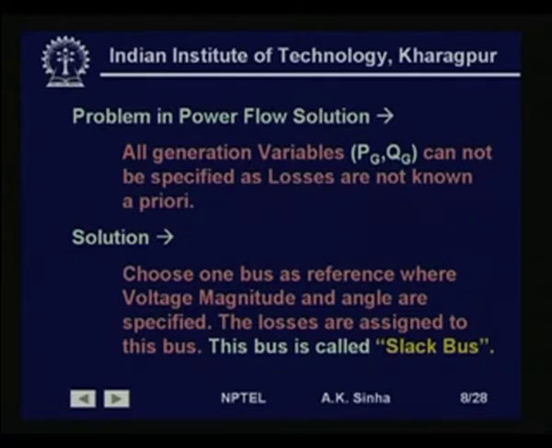So, one can say that we should know all the generation, but the problem is, till all the generations are available, we do not know the loss in the system, and since we do not know the loss, we cannot know all the generation, because the sum of loads and losses must be equal to the total generation.